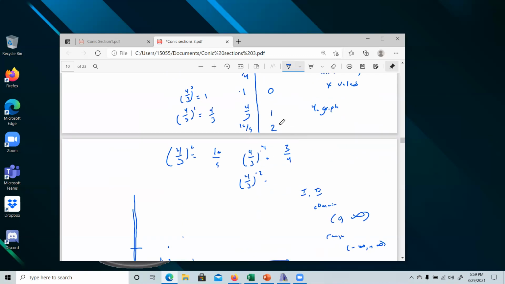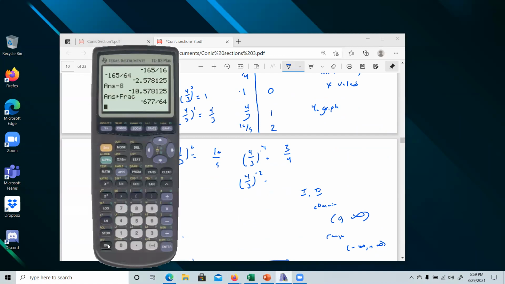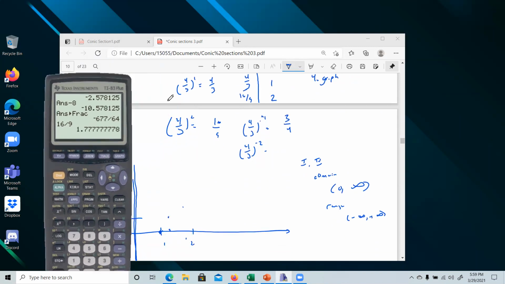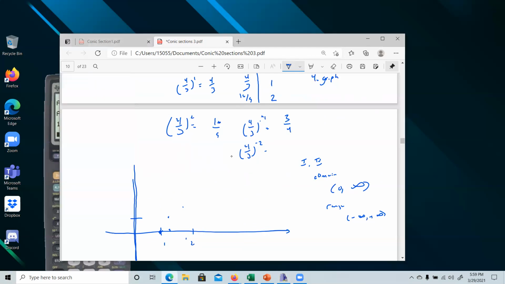And then 16/9. What is 16/9 exactly? 1.8. So here's 1.8, and we're at a value of 2.